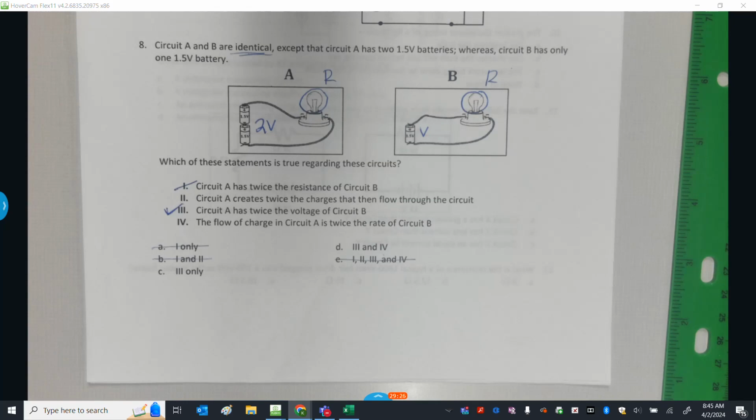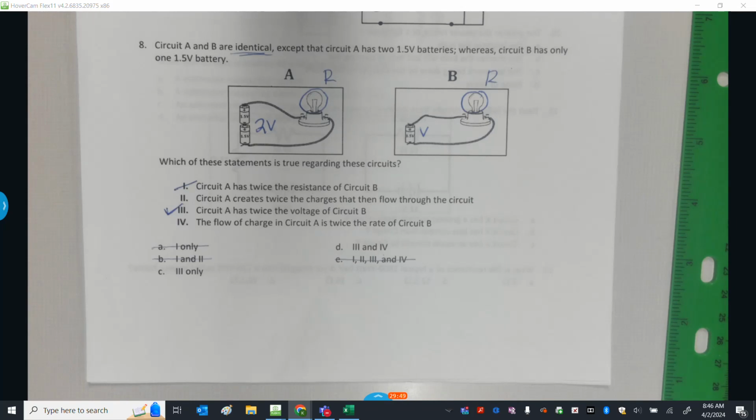Let's read 2, though. We know 2 can't be right because it's not in our choices, but let's go over it real quick. 2 says circuit A creates twice the charges that then flow through the circuit. Guys, that is one of the really common misconceptions. Batteries do not make the charges. Just because I have two batteries doesn't mean I have two times the charges.